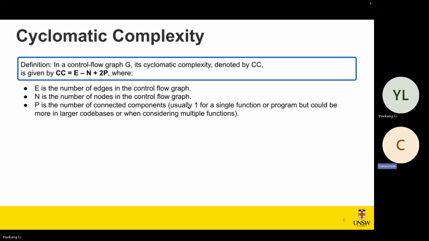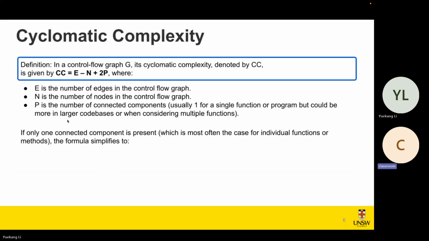So basically, a graph could have multiple subgraphs, and each subgraph is considered as a P here. But normally, because we are thinking about unit level of testing here, we only care about one particular method or one particular function.